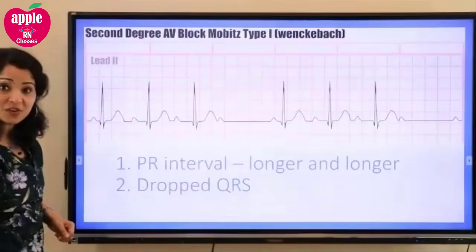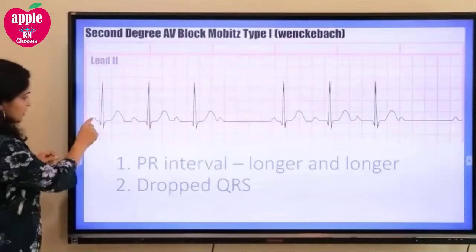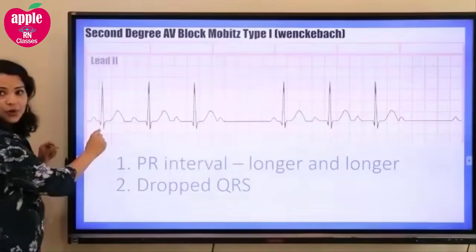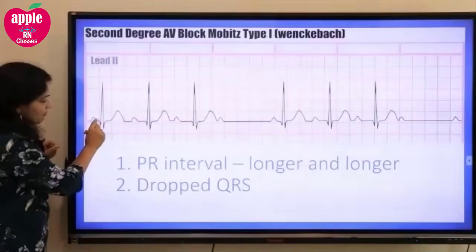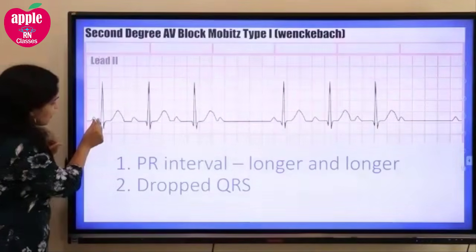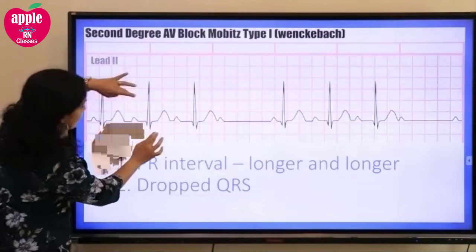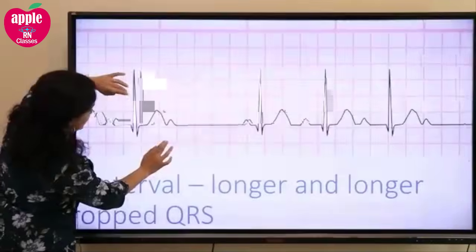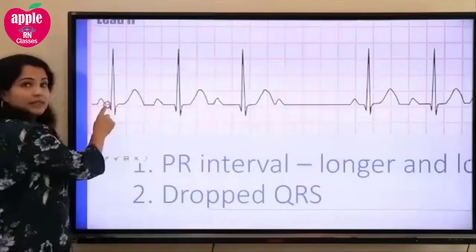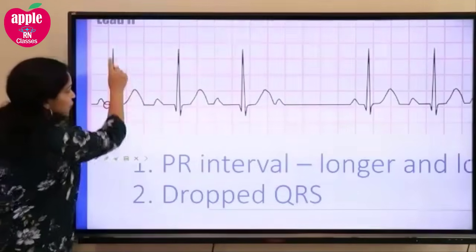This is how it's going to look. So you have a P here. This is your P. Then you have a QRS. So you see the PR interval is not that bad. It's really good. I mean, real good, no problem. Then comes a little bit more. Now, if you look at that, let me show you. This is the first PR interval, and then you have the QRS.